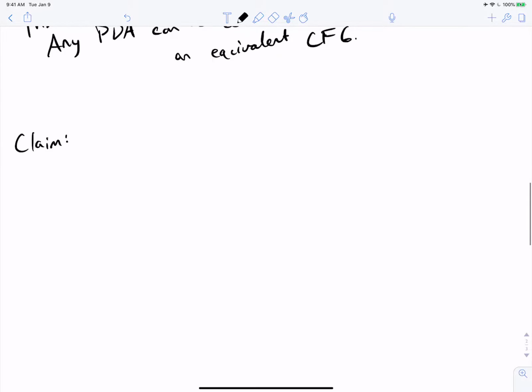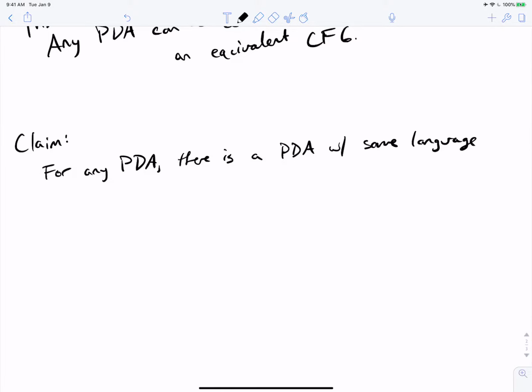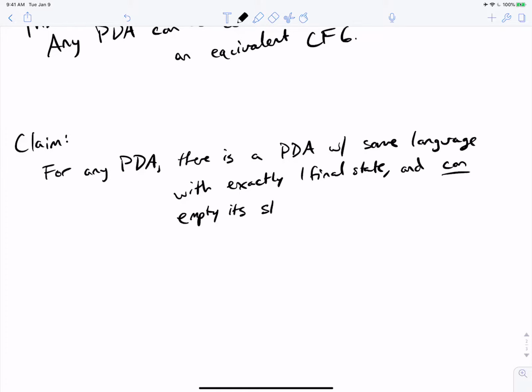For any PDA, there is a PDA with the same language with exactly one final state and that can, and I'm going to underline can, empty its stack in that final state.